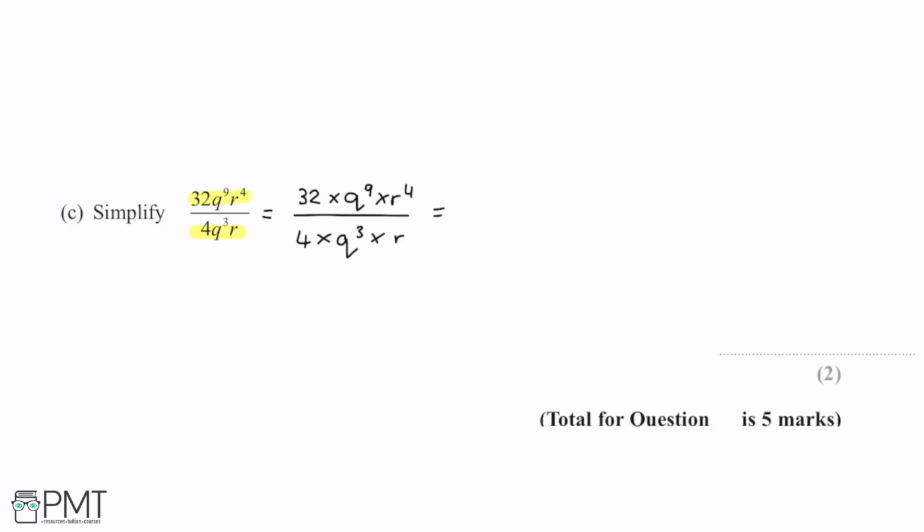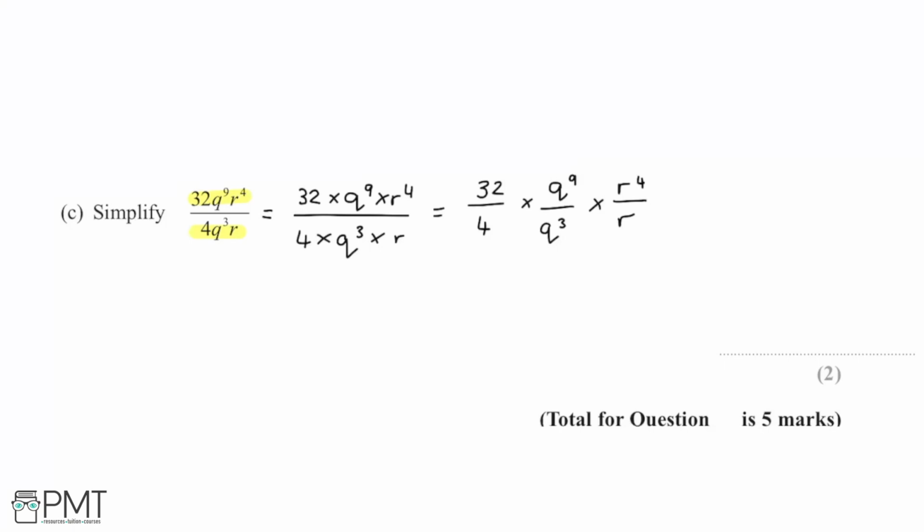If I separate the integers, we can take 32 over 4, and we can leave that as its own fraction. We can multiply this fraction by q to the 9 over q to the 3 to keep the q terms together, and then multiply that fraction by r to the 4 over r.